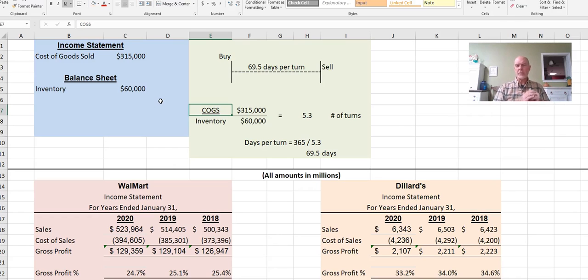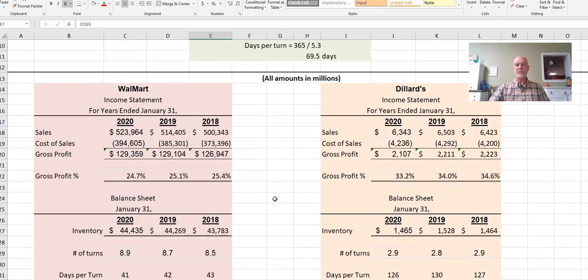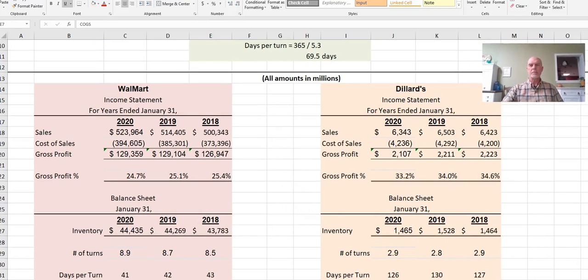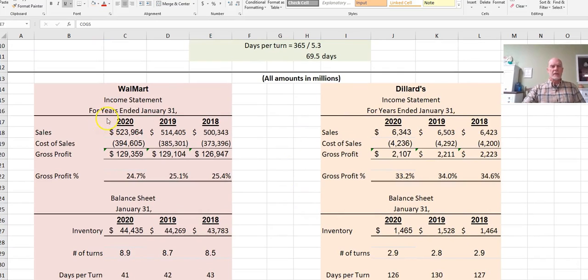I picked a couple of companies to compare, Walmart and Dillard's, just to illustrate what's going on here. For the most recent years, here's the last 3 years, here's Walmart to the left in the pink and Dillard's over here to the right in the orange. One thing you might notice is that their fiscal year ends on January 31st.